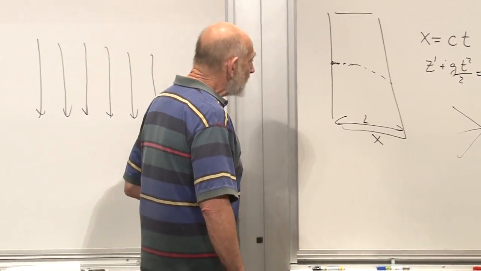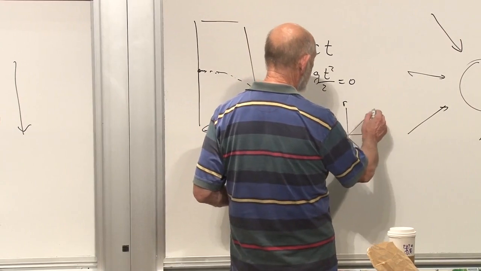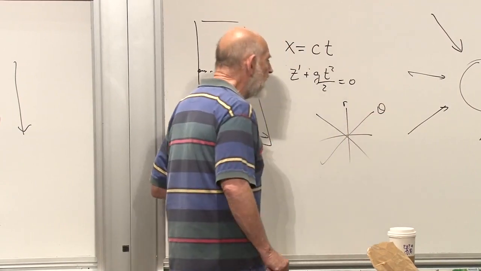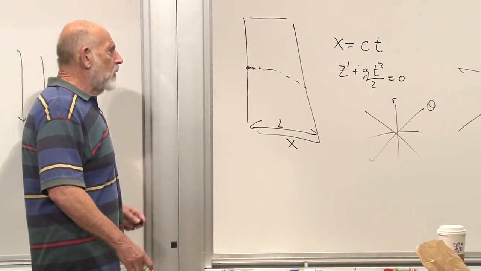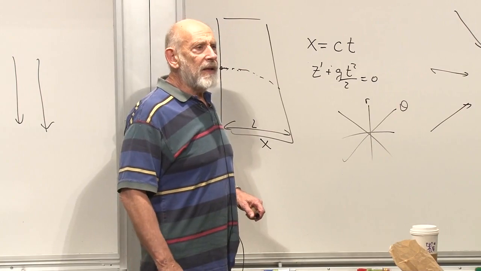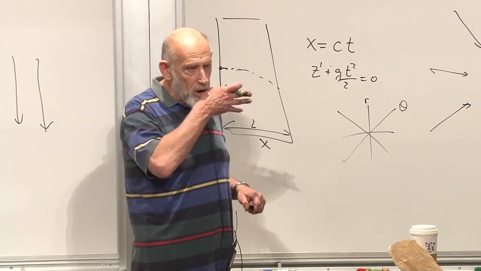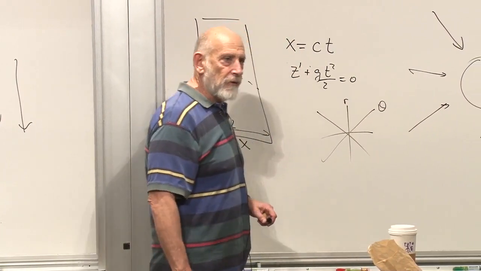Okay? Now, that means we have two coordinates, r and theta. Supposing we didn't know that these were polar coordinates, all we knew was there was a coordinate r and a coordinate theta, and I told you how a particle moves, theta and r as a function of time.